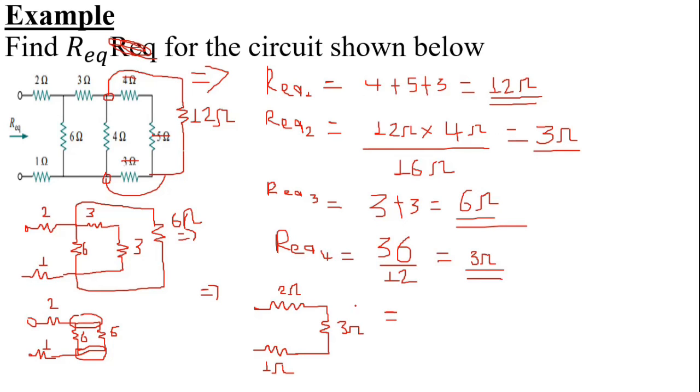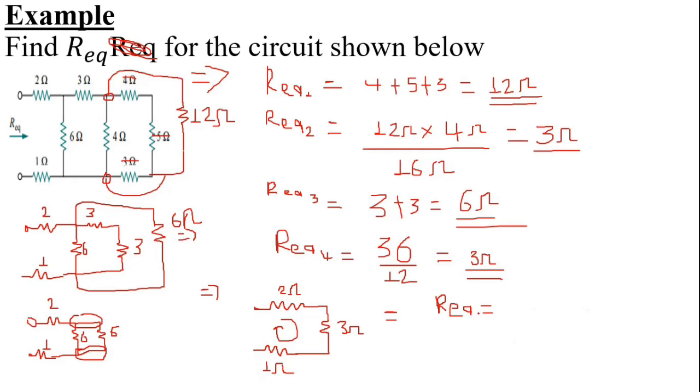So we have 3 elements here, and the current which is flowing through these resistors is the same. So we can say that all three resistors are connected in series. So we can find the final equivalent resistance for the above circuit just by taking a sum of 2 ohm, 1 ohm and 3 ohm.